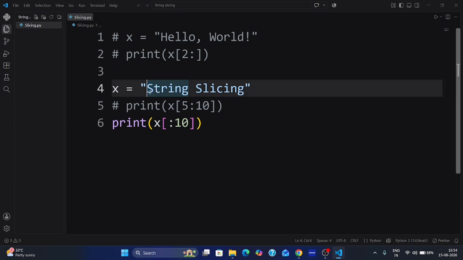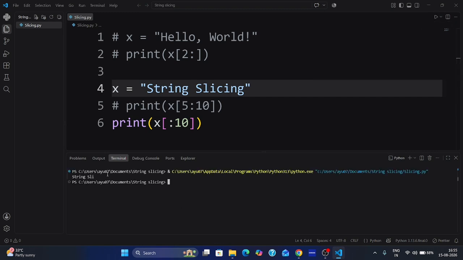S T, like this is 0, 1, 2, 3, 4, 5, 6, 7, 8, 9, 10. 10 is coming at C, but it will take the previous one. This will print string SLI. You can see our output is string SLI.